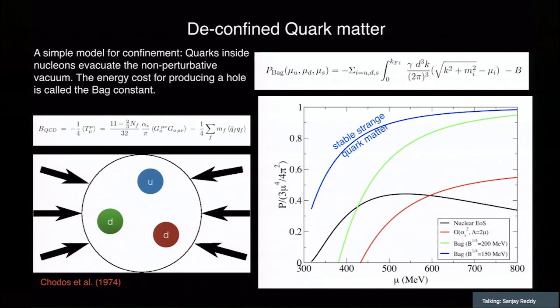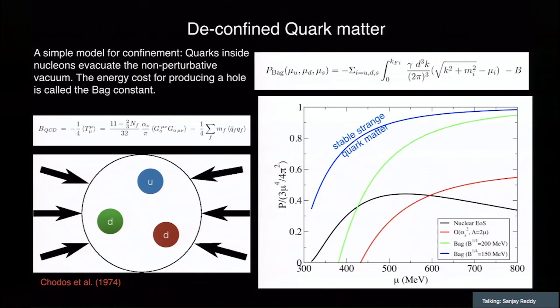So the idea of the bag model is to say, why not think about nucleons as little holes in this non-perturbative vacuum in which you fill in quarks. So you have a non-perturbative vacuum everywhere. If you want to make a nucleon, you take 3 quarks, as shown in this picture, an up quark and 2 down quarks make a neutron, and you make a hole in the vacuum where this vacuum energy is expelled.